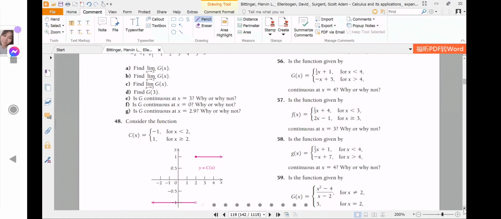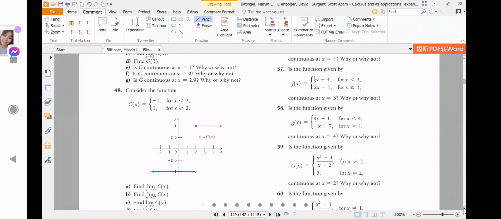Right. Consider the function f(x) equals minus 1 for x less than 2, and f(x) equals 1 for x greater than or equal to 2. This function is called the piecewise function. Piecewise function.